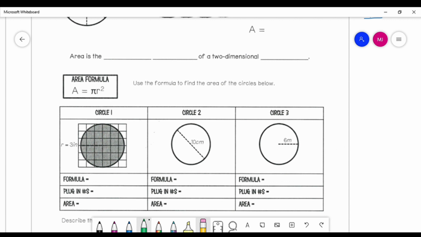Square up your centimeters. Good. Same thing.